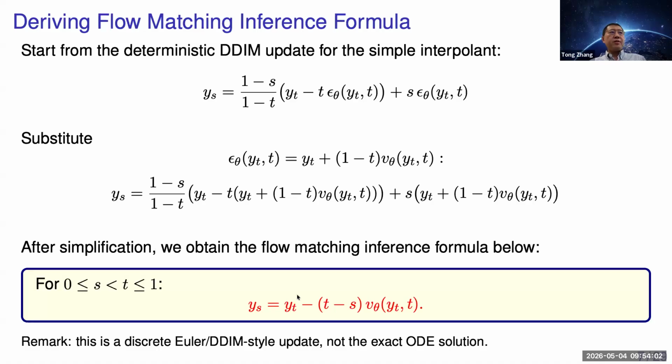This particular formula corresponds to the so-called Euler method. The Euler method and DDIM are kind of the same type of method, but sometimes people use some others. We will mention that later on. But this is a formula which comes directly from the DDIM formula, just replacing this target, epsilon, by epsilon minus y0 and some algebra to get that.